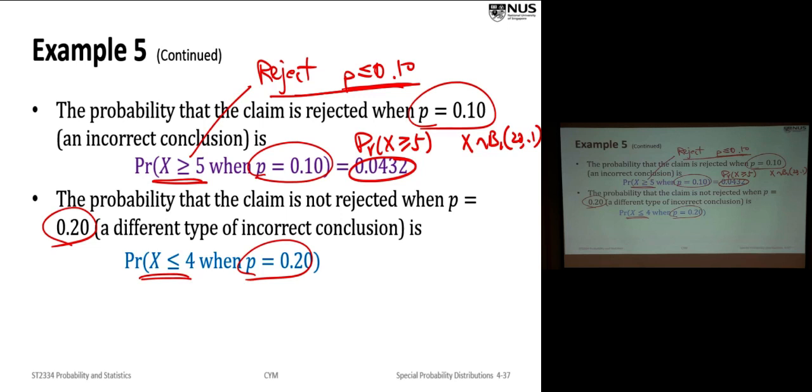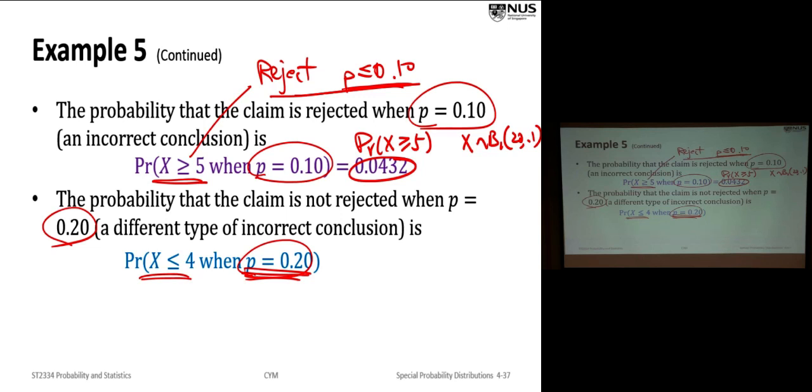You have to understand this is the underlying fact that we assume. When you have X less than or equal to 4, when you take 20 and you find that the number of items needing repair is less than or equal to 4, then you decide, okay, I believe P is very small, less than or equal to 0.1. But in fact, it is 0.2. So I make a mistake.